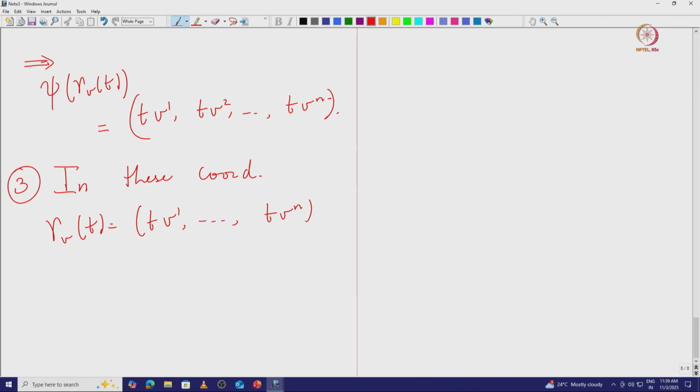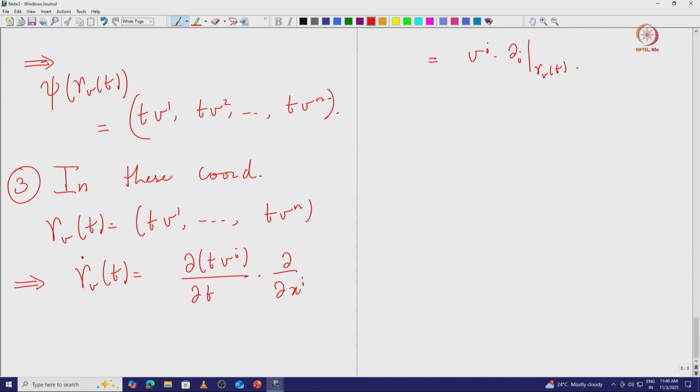So now if you want to compute the velocity vector, that is simply given by the derivative of t v^i with respect to t, times del by del xi. So you take the ith component and differentiate with respect to time. So this is just given by v^i del i at gamma v of t.